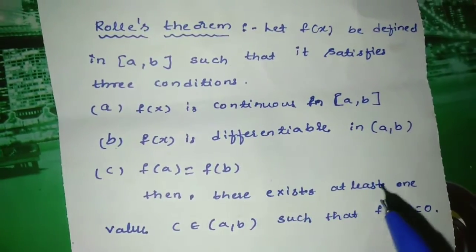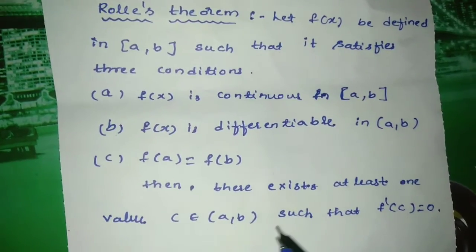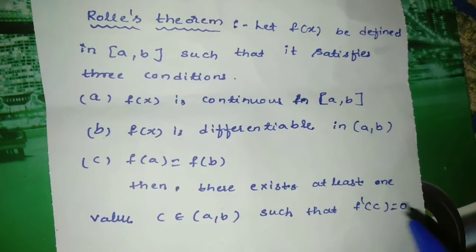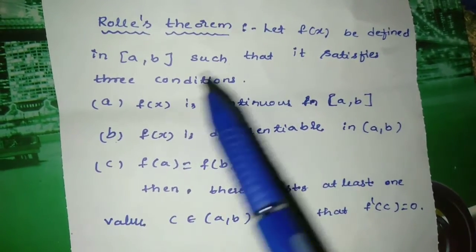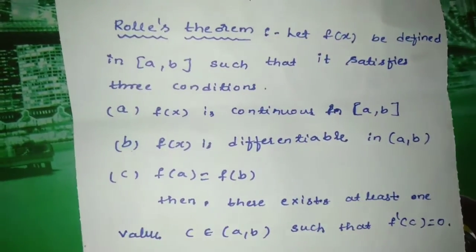Then there exists at least one value c belongs to open interval a comma b such that f dash of c is 0. If all these conditions are satisfied, then Rolle's theorem is verified.